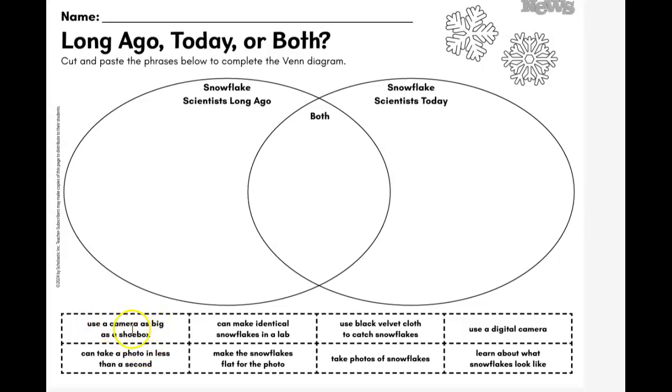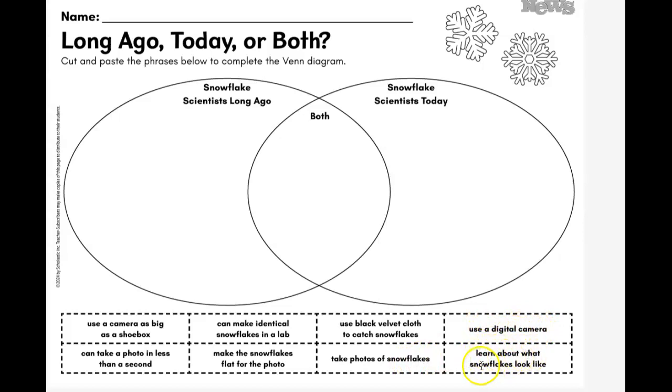Use a camera as big as a shoebox. Can take a photo in less than a second. Can make identical snowflakes in a lab. Make the snowflakes flat for the photo. Use black velvet cloth to catch snowflakes. Take photos of snowflakes. Use a digital camera.